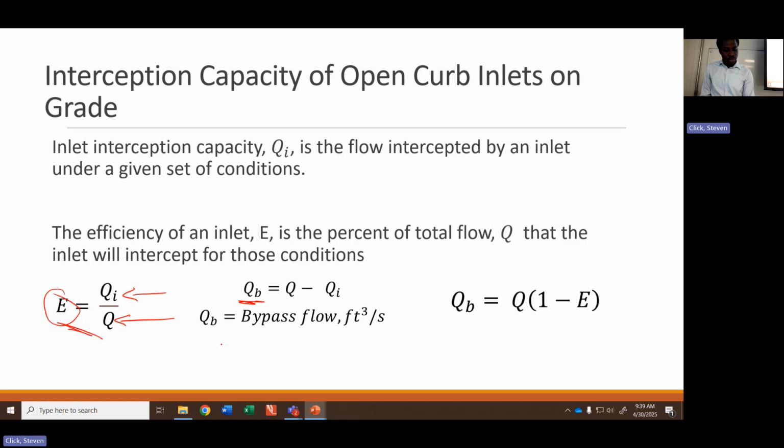So let's say the flow coming in is 20 and you are intercepting 15. It means that there is 5 cubic feet per second of volume that's being added to the next inlets along the slope. That needs to be accounted for. So this value is also important to be accounted for. This is another way of calculating the bypass flow using the efficiency.